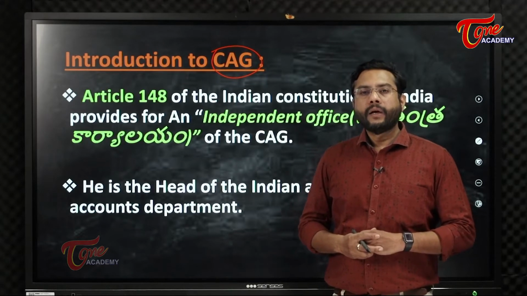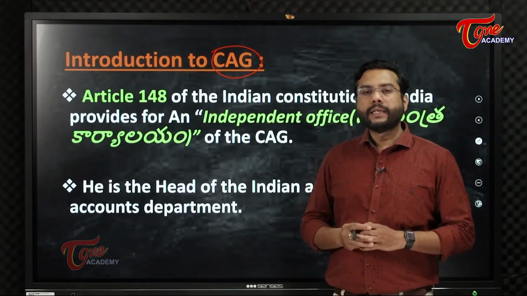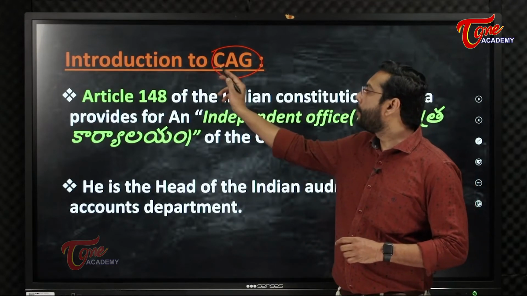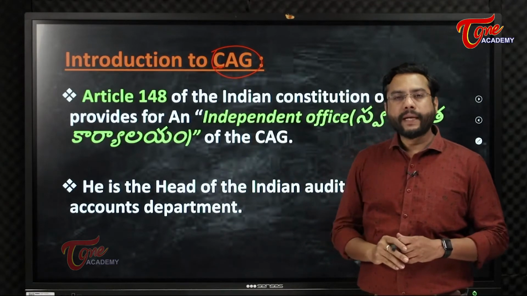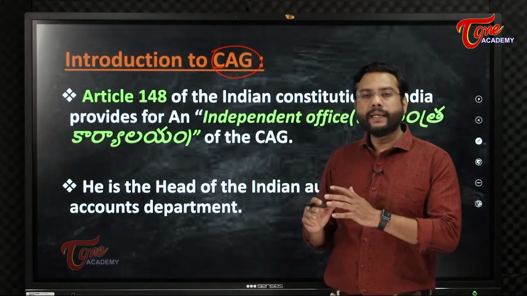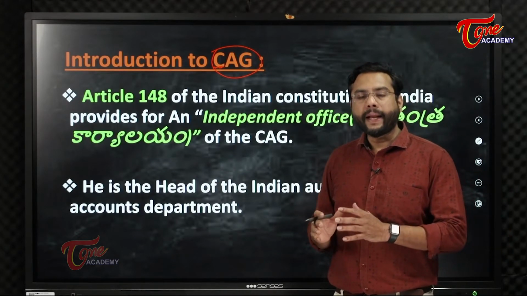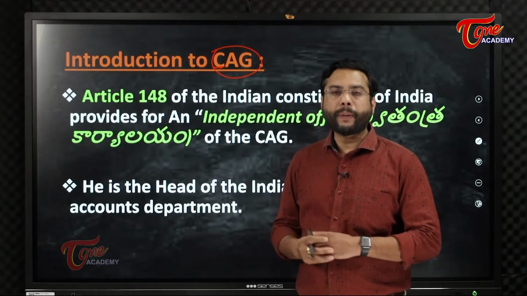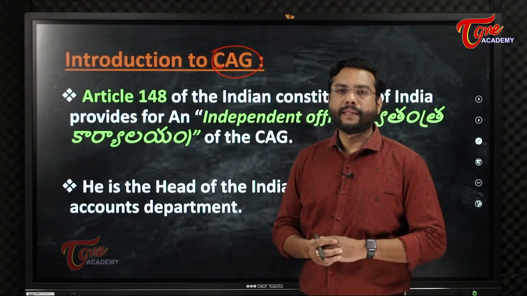In India, the CAG doesn't control the public purse. Though we have the nomenclature of Comptroller, in fact the CAG in India does not have any authority or power to control the expenditure part of the public finances.